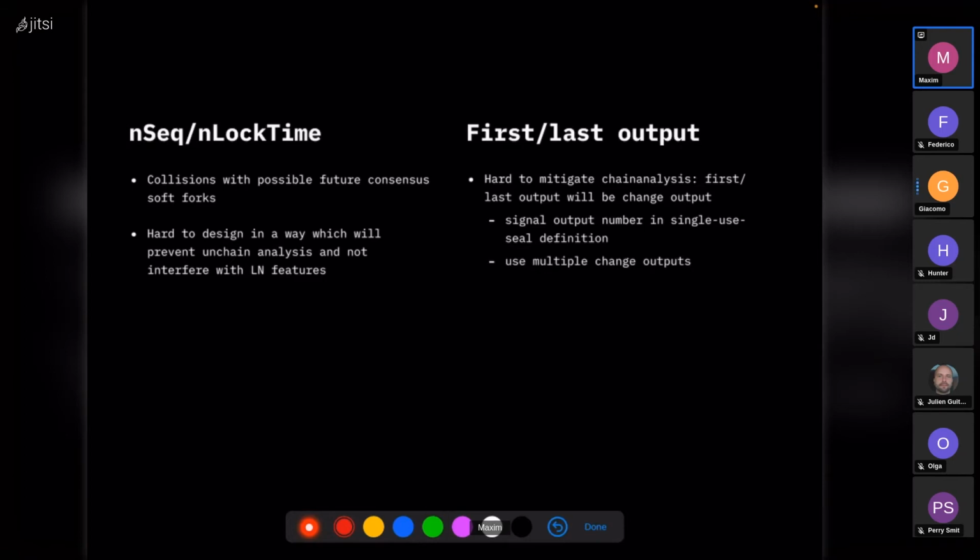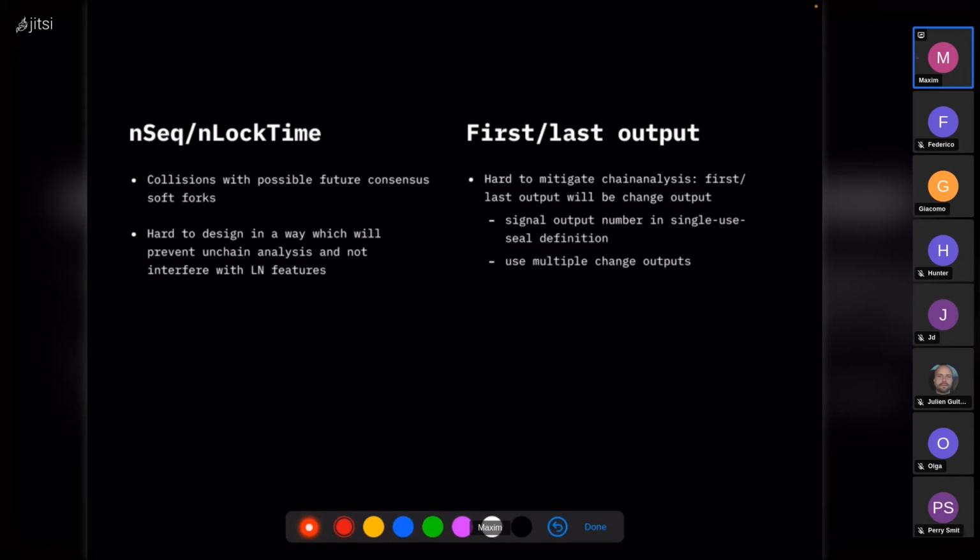I seem to remember this kind of attack, but anyway. Yeah, but it's not related to that. It's more that we clearly need to deterministically define which output contains the commitment. Otherwise, we don't have double-spending prevention. Oh, you mean that in the single-use seal case? Yeah, in the single-use seal case.